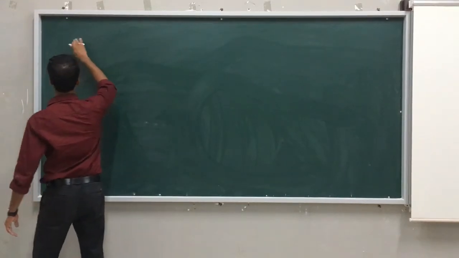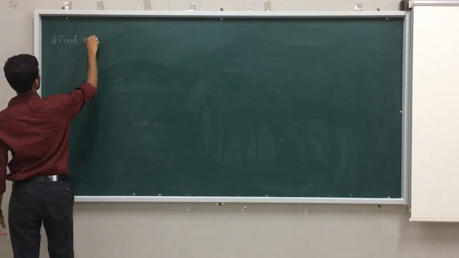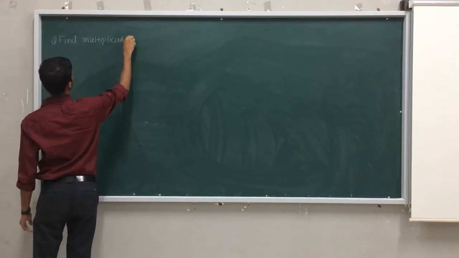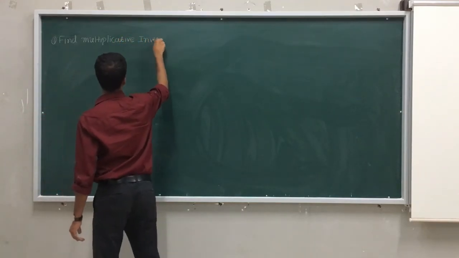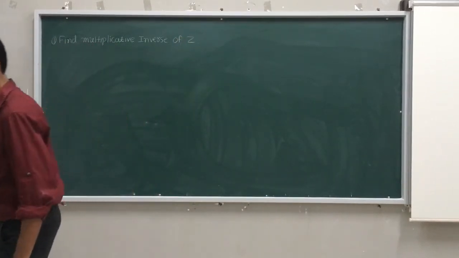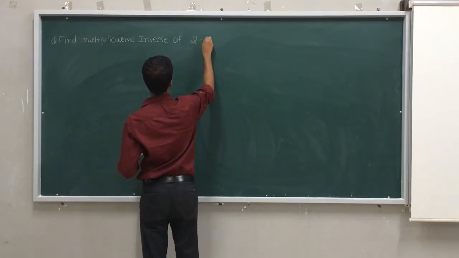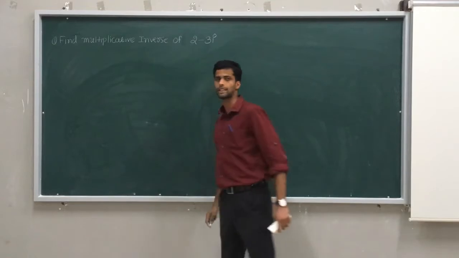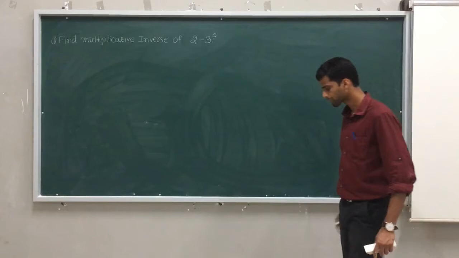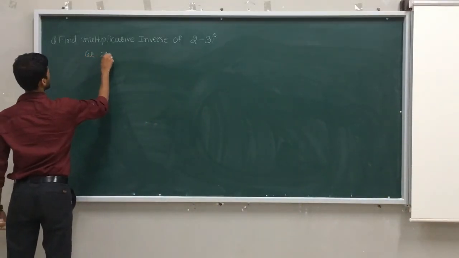Find the multiplicative inverse of z equal to 2 minus 3i. This is a question paper question. This is a 2 marks question. They ask it in the question paper. So what you will do initially is let z be 2 minus 3i, as it is not given.